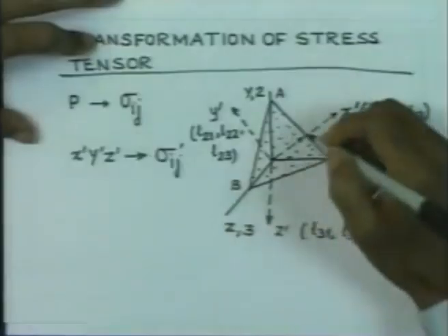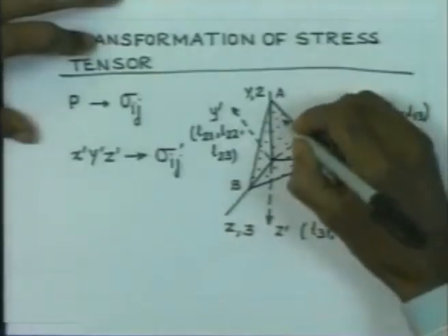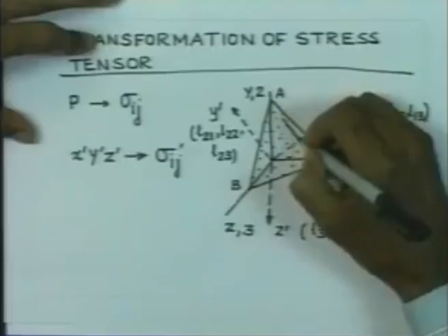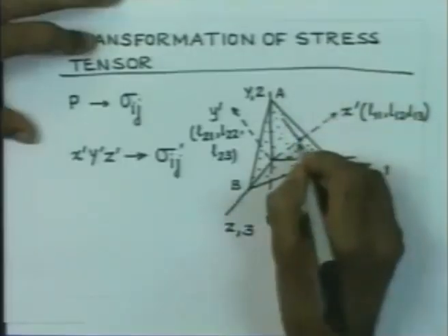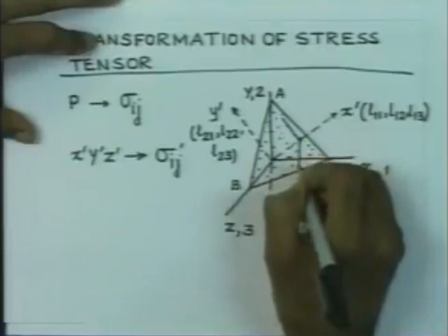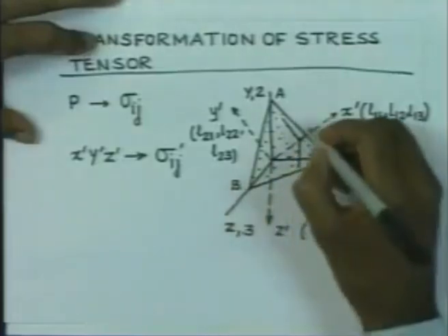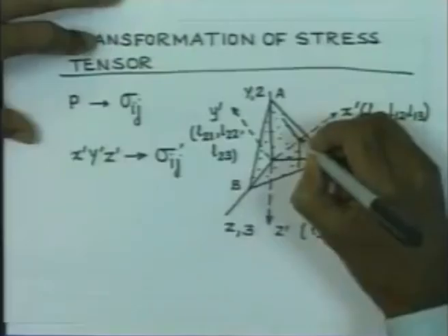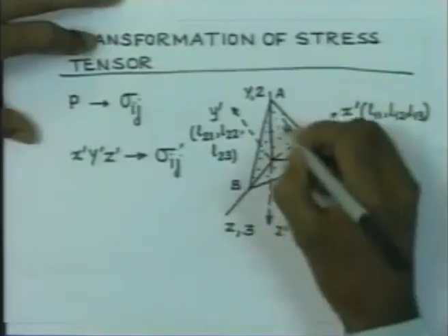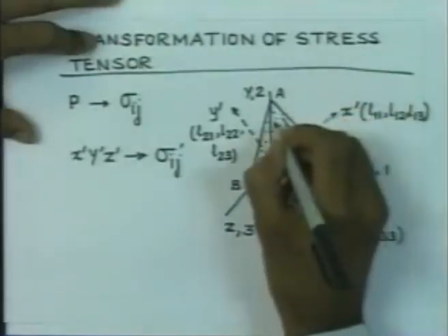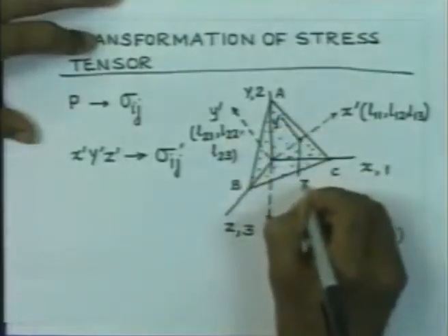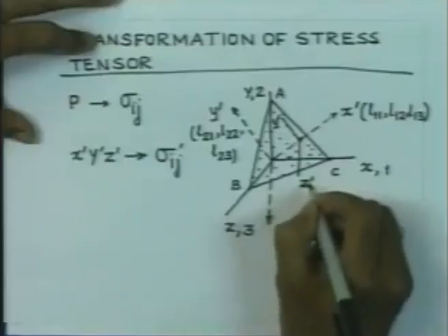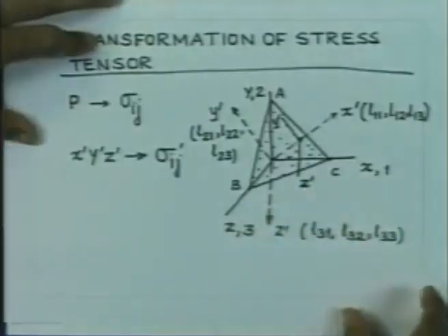Then obviously, we can see that on this plane we will have the axes y dash and z dash lying. So, if this is the outer normal to the plane, then y dash is going to lie on this plane, and z dash is also going to lie on this plane.